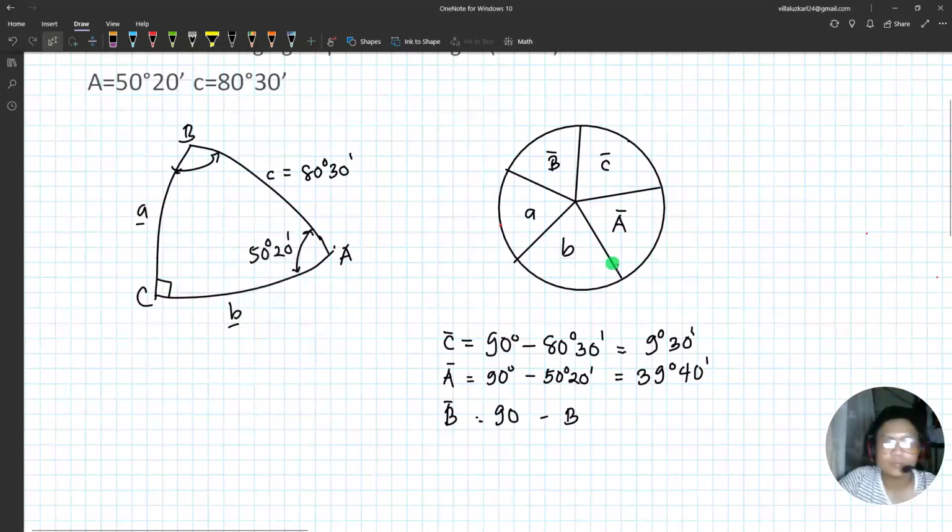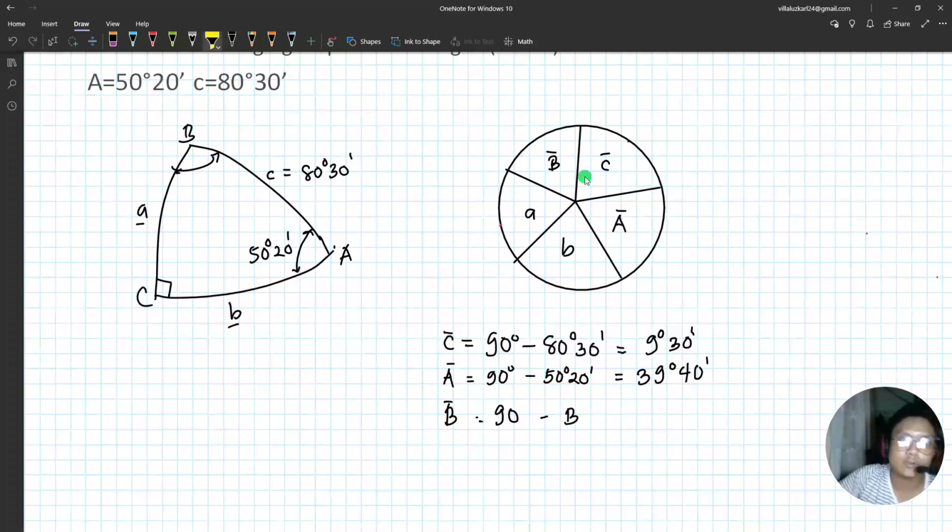Now, we are using Napier's rule. So, we use either rule number 1 or rule number 2, the sin-tan-ad or sin-co-op. Using this rule, we should first take a look at the given angles.